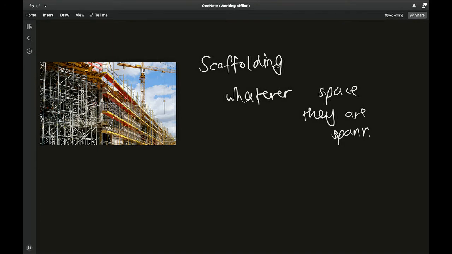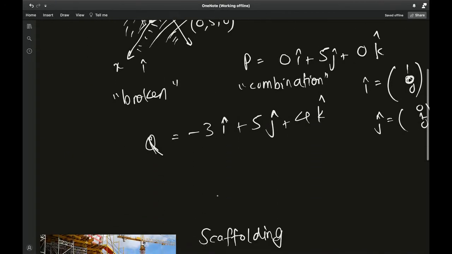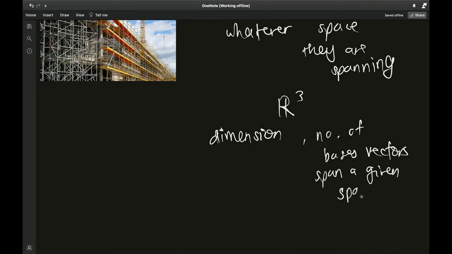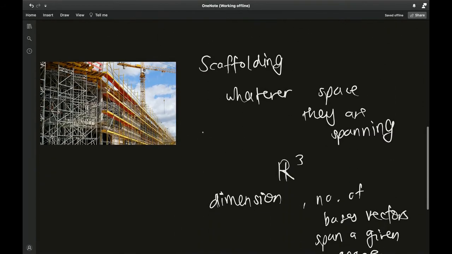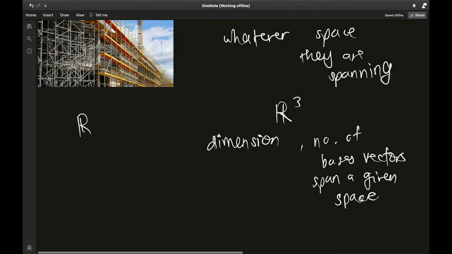In this case, we extensively talked about R3 because that was the space they were spanning, and the idea of dimension was actually the number of basis vectors you use to span a given space. In this case, the dimension was 3 because we had 3 basis vectors. So you can have 4 basis vectors spanning R4 or something.